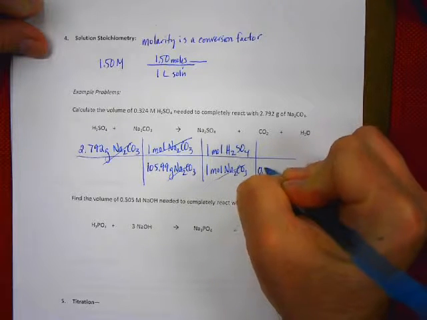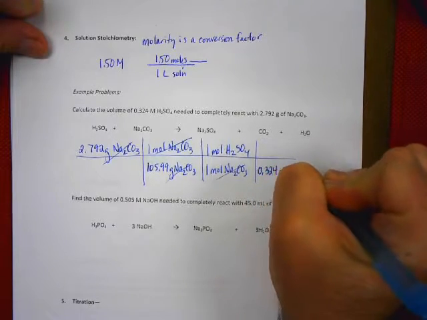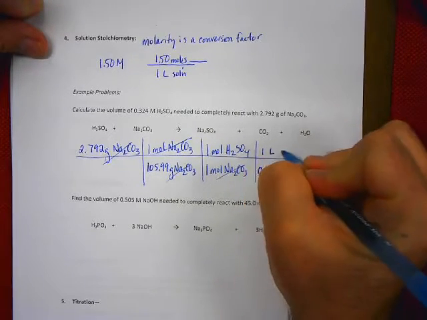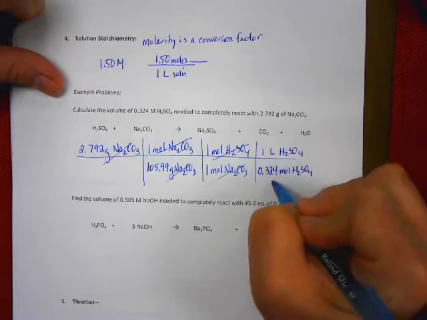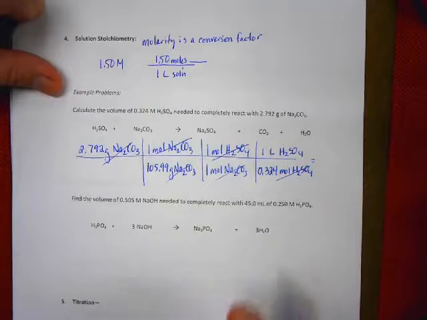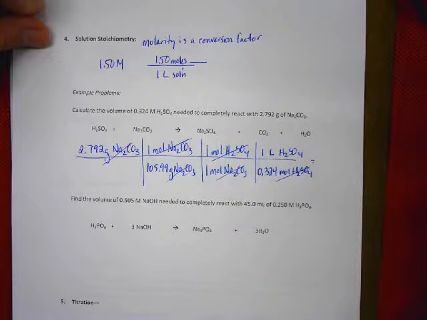So I'm going to put the 0.324 moles of H2SO4 on the bottom and 1 liter of H2SO4 on the top. That allows me to cross off those units. Go ahead and pause and calculate this. Report your answer to the correct number of significant figures. When you unpause, we'll go through the answer.